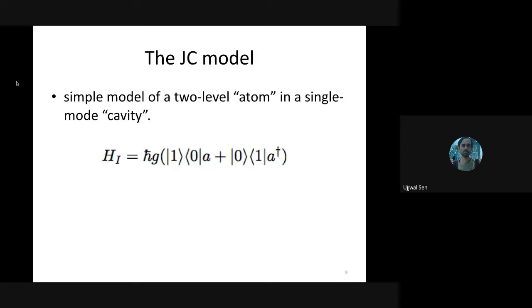And this a and a dagger are operators of the mode system, so they are the destruction and creation operators of the single mode cavity. And the 0 and 1 are the levels of the atom. This is actually a very famous, very simple model, but in cavity physics, it is very useful.